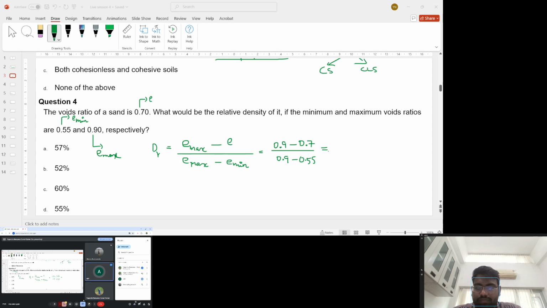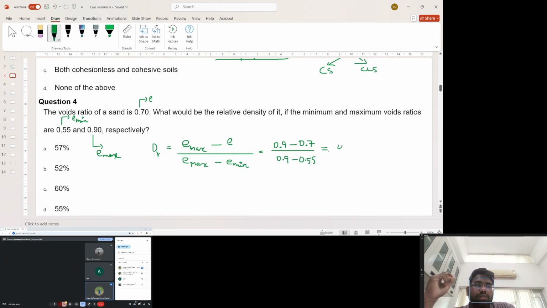0.5714. Okay. So we get 0.5714. In percentages, it is 57.14%, and it can be rounded according to the option as 57%.